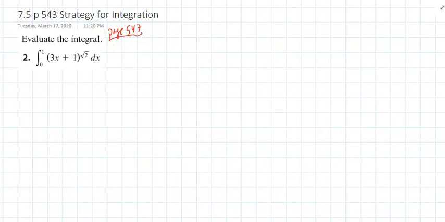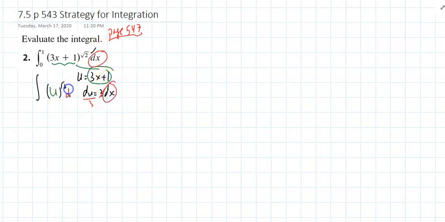So this problem, if this was a square, the power, then I could FOIL. In this case, I can't FOIL. But I could switch the order. I could say let u equal 3x plus 1 and du will be 3dx, meaning I am going to take this and put a u instead, raised to the radical 2, and dx would be du over 3.